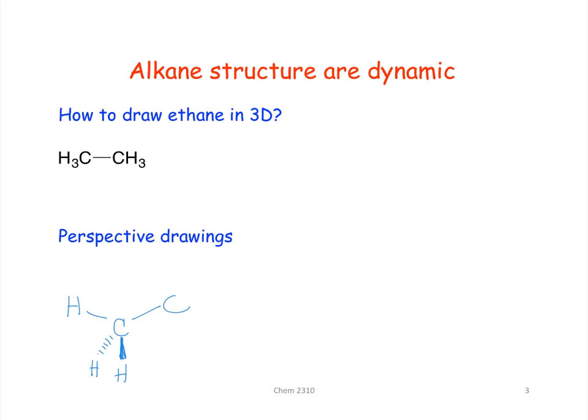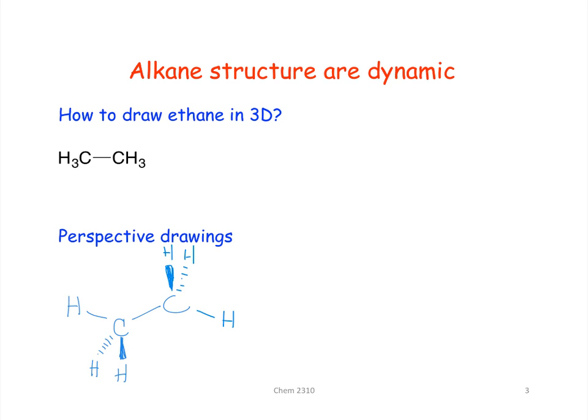Alright, when we get to the other side, we can put our hydrogens, but we have some choices. I'm just going to put this hydrogen out like this, and then we can put our wedged bond and our dashed bond, and so this is one version of ethane in 3 dimensions.